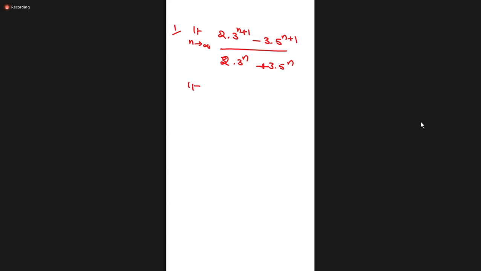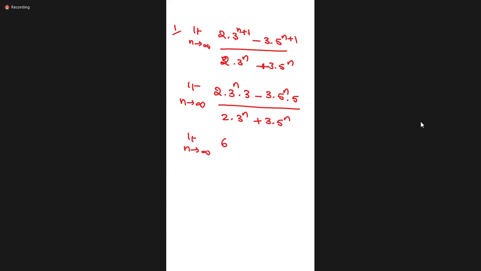So how to do it: see, this is 3 power n plus 1. It is like a power m plus n equals a power m into a power n. So 2 into 3 power n into 3, minus 3 into 5 power n into 5, by 2 into 3 power n plus 3 into 5 power n. Formula a power n into a.